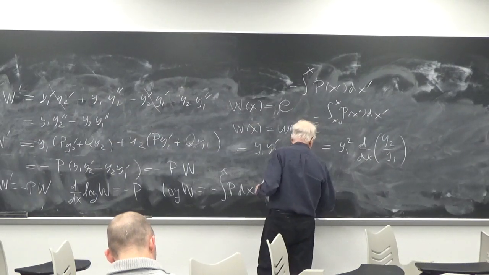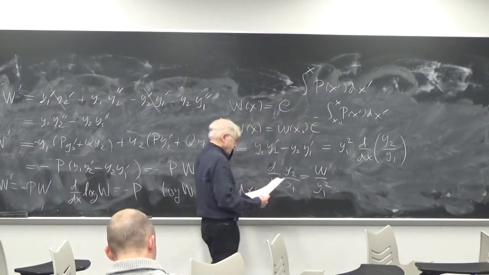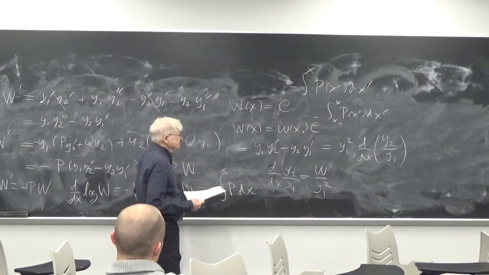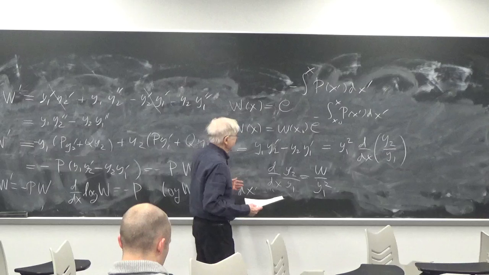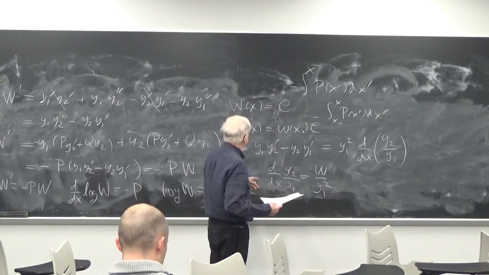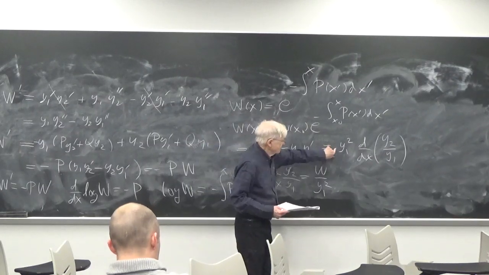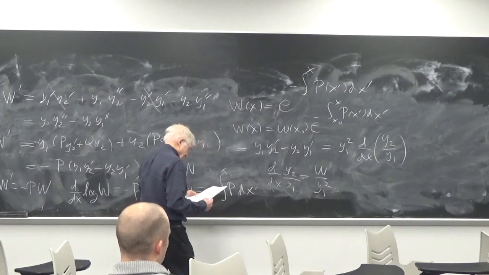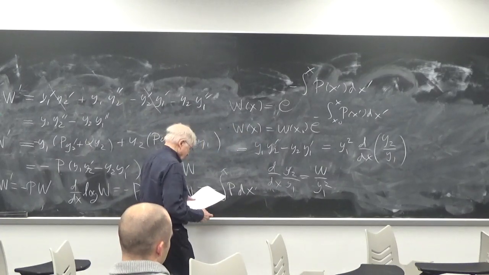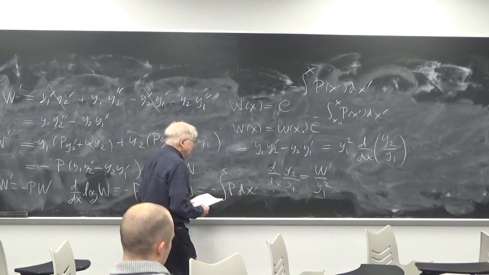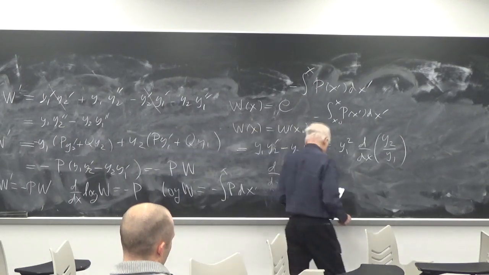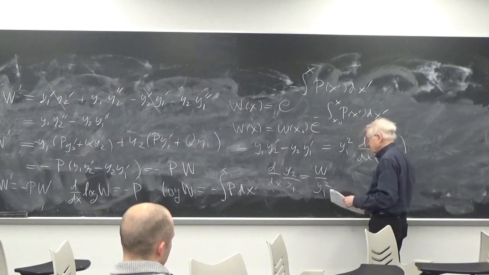That is to say, we just divide both sides by y1 squared. And now this is something that we can integrate. In fact, it's kind of a trivial integral.